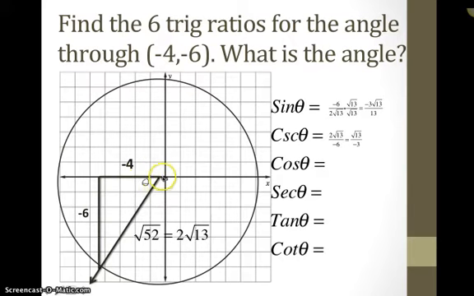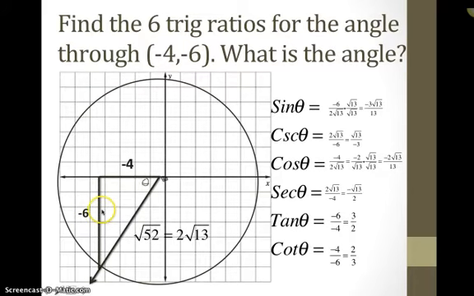Cosine is adjacent over hypotenuse, so -4 over 2 root 13, which can simplify to this expression. And secant is 1 over that value, so here, 2 over square root of 13 over -4, or simplified to this. And then, of course, tangent is opposite over adjacent, and cotangent is adjacent over opposite.